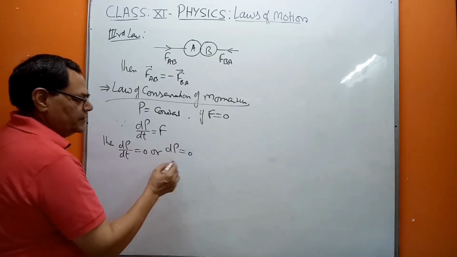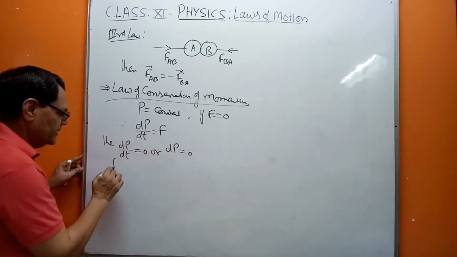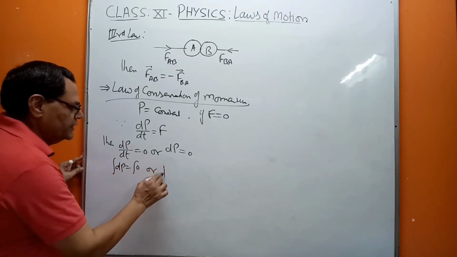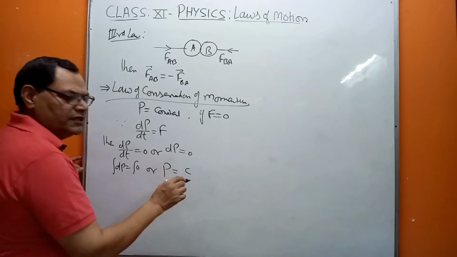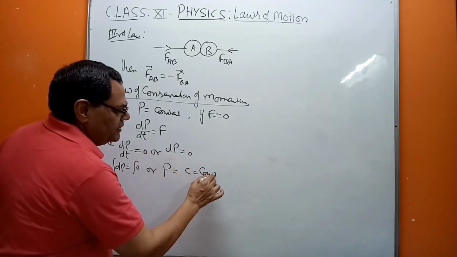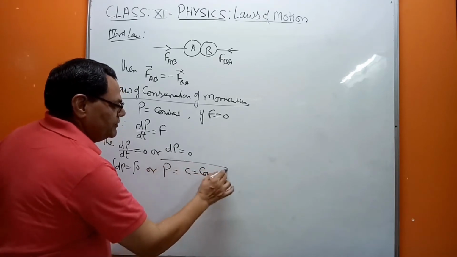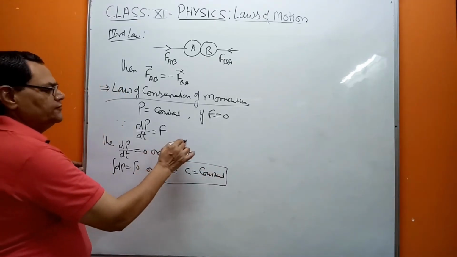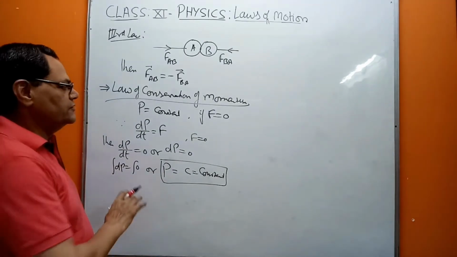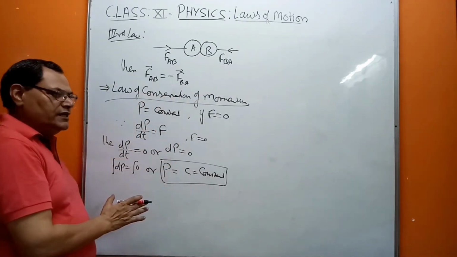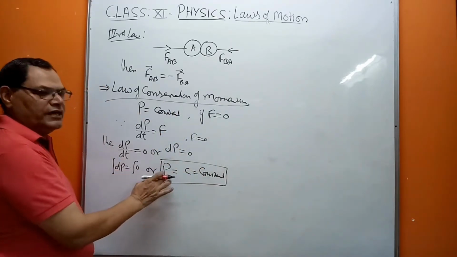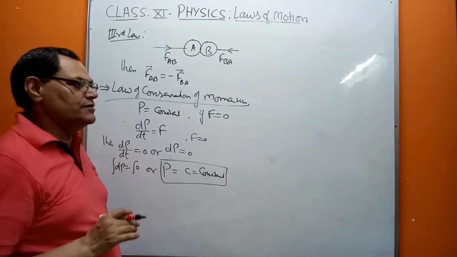If you integrate it, you will get the integration of dp is equal to 0, or simply p is equal to some c, a constant of integration, meaning thereby it is a constant. We got this P as constant when the force F was equal to 0. So this statement is verified. That is, if no external force acts on the system, then the net momentum P will be constant.